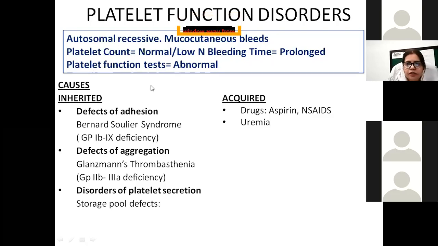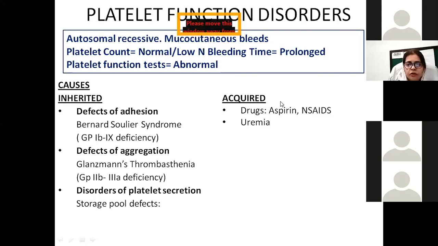Broadly, platelet function disorders are divided into inherited disorders and acquired disorders. Among the inherited diseases are the defects of adhesion, which I mentioned earlier, including Bernard-Soulier syndrome due to glycoprotein 1B9 deficiency on the platelets, defects of aggregation, and disorders of platelet secretion.